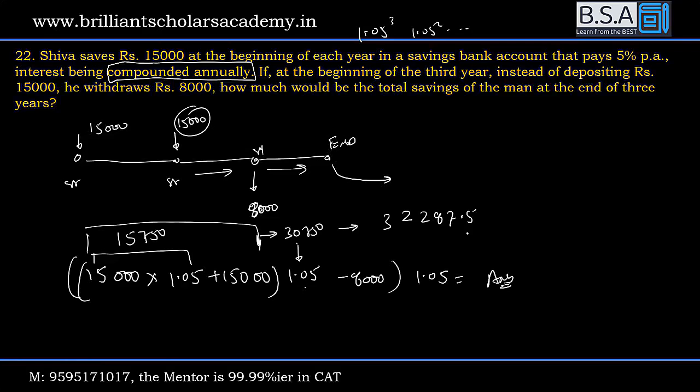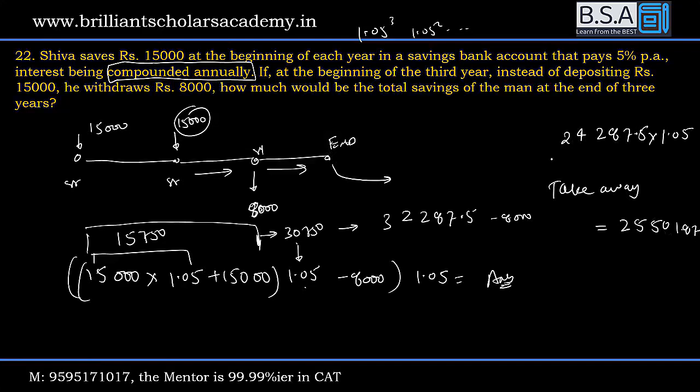So from this, what is subtracted? From this, 8,000 rupees are taken away. So we have 24,000. After this, 8,000 are taken away. We have 24,287.5. I am going to grow it by 5%. That is my answer. Into 1.05. So this takeaway money is equal to 25,501 rupees and 87 paisa.